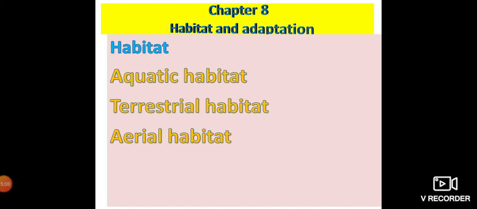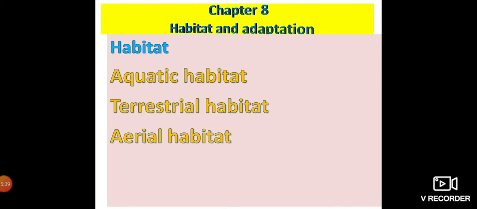For example, if a fish lives in a pond, if you are taking the pond as an example, the pond is a habitat. So the habitat of a fish is the pond. The fish lives in the pond, and in the pond we know that there are different types of plants and animals, isn't it? So the pond is the habitat of a fish where it lives with other organisms.